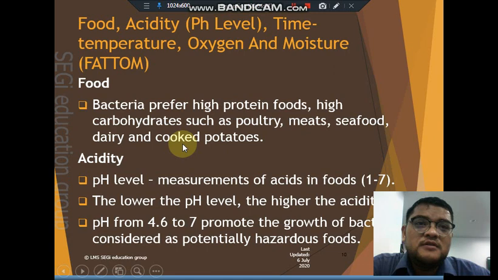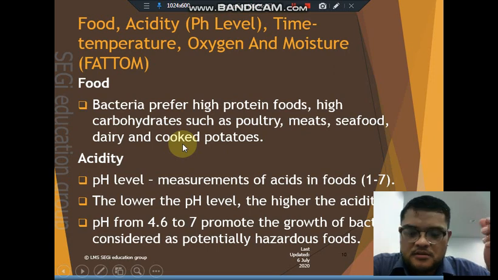If you leave cooked rice, for example, from morning until 7 p.m., you will find that at 7 o'clock the rice will start to melt, have a bad smell and tend to be like jelly, right?